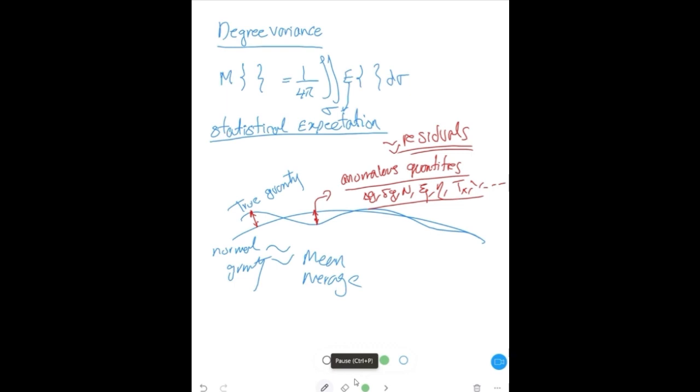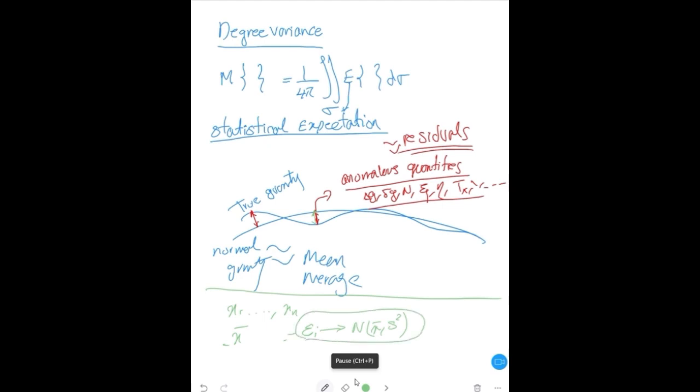Also, why is it important? Let me compare it with a set of data, x from x1 up to xn, and measurements. I take the average, x bar, and I can compute the variance for this data set. The residuals, which I show by epsilon here, should have normal distribution with average x bar and the variance s squared.